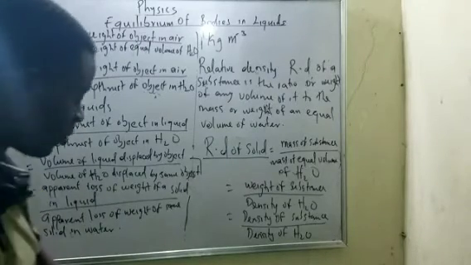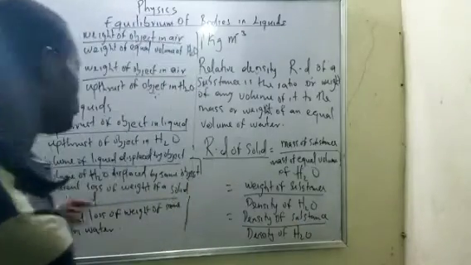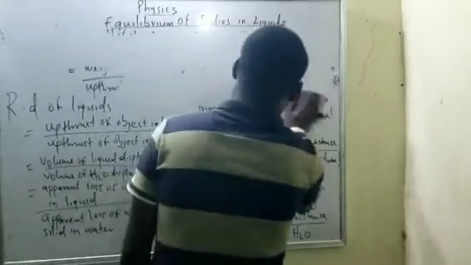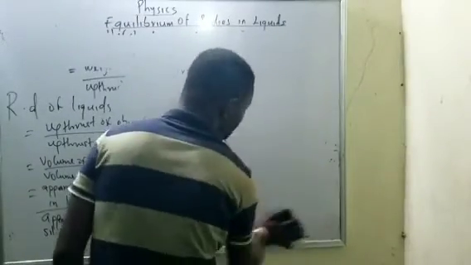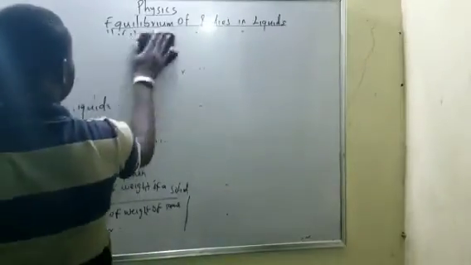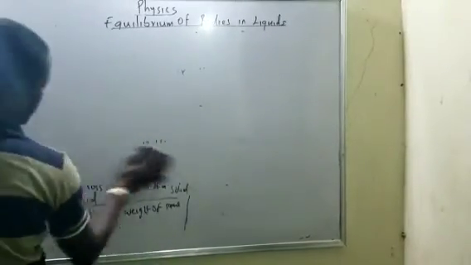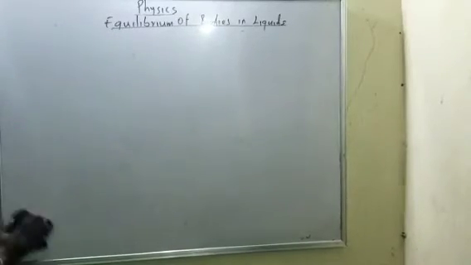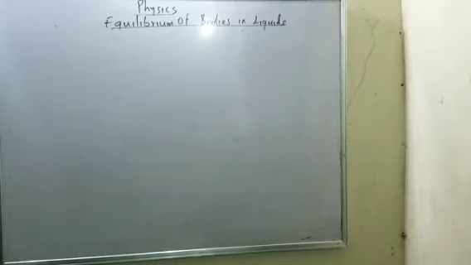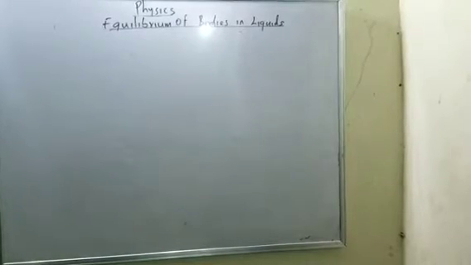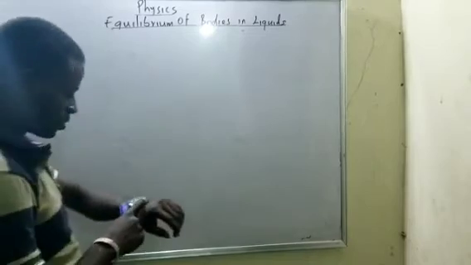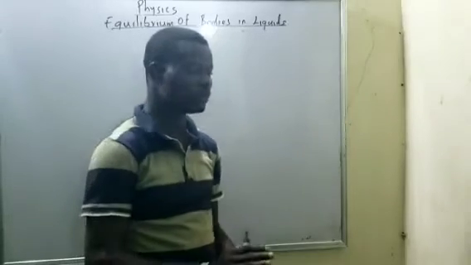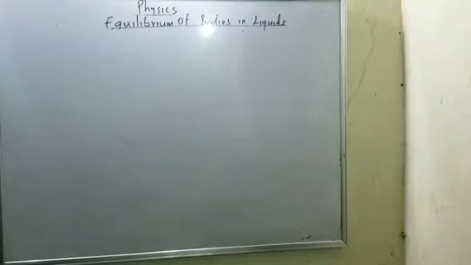When we are to solve problems, we can call upon any of this to get our problem done. Let me give one example, and in the next video I will work on problems on equilibrium of bodies in liquid.